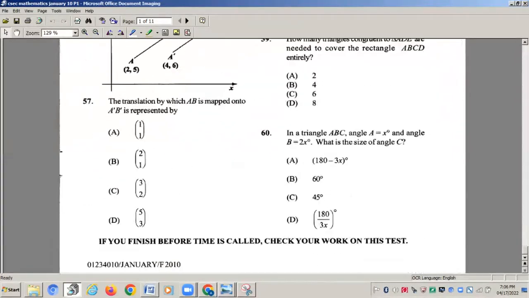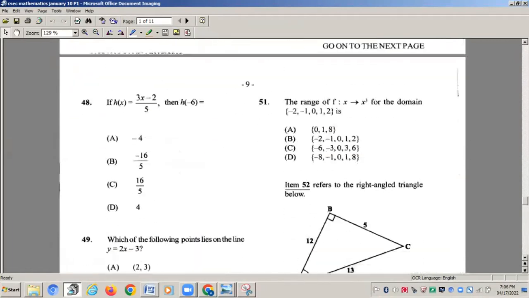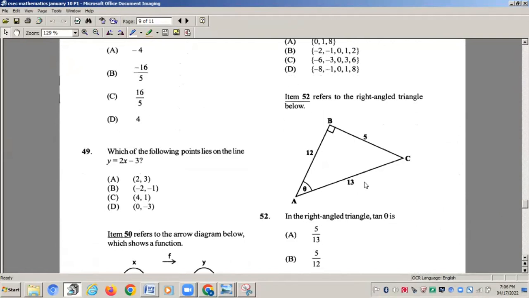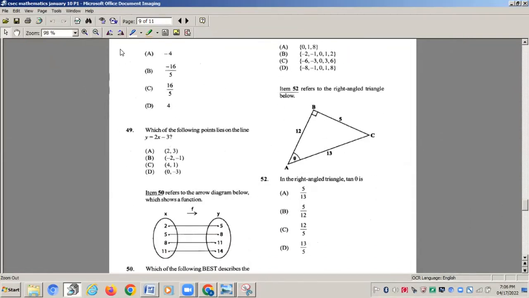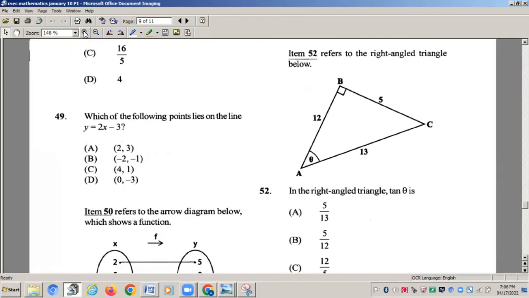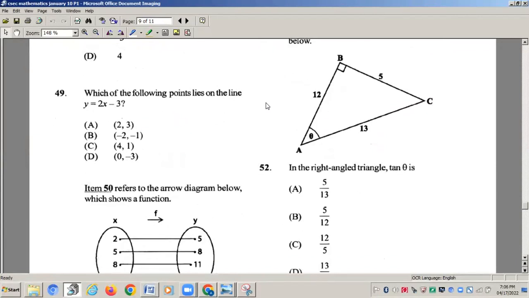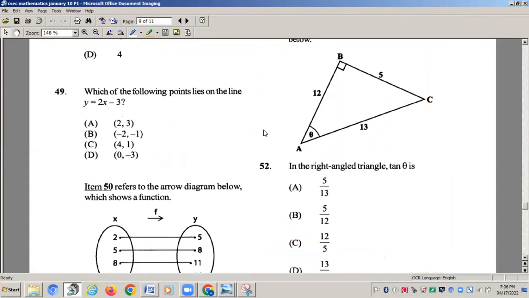Yes, sir. It's blurry on my end. All right, look at 52. Can you all see 52? Yes, sir, I'm seeing it.